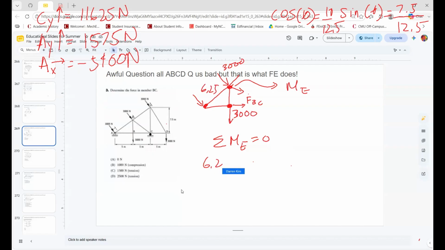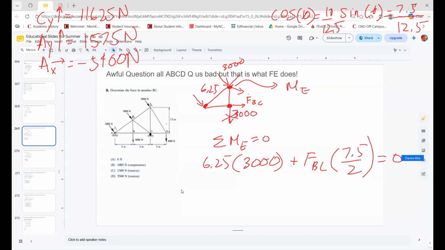So 6.25, and it is in the positive direction multiplied by 3,000. This does nothing too because it's in line. So that is another plus FBC multiplied by 7.5 divided by 2 equals 0. FBC equals 2 divided by 7.5, and it's going to be parentheses negative 6.25 by 3,000.